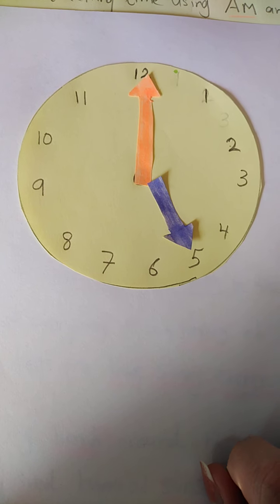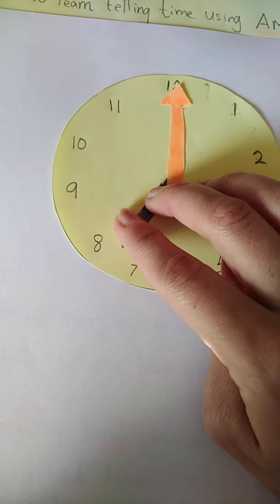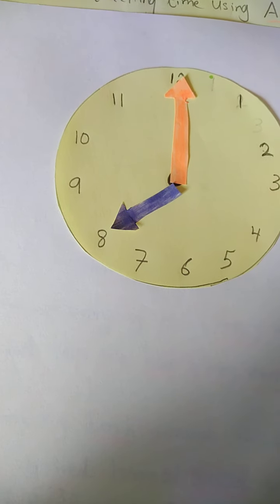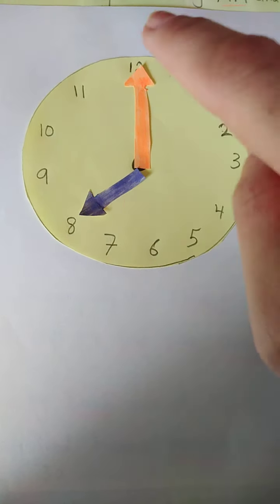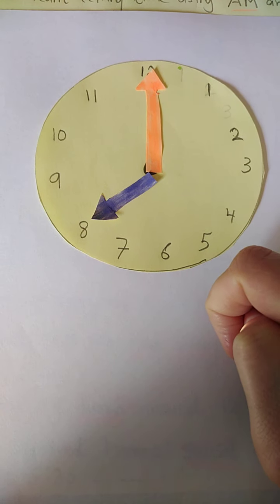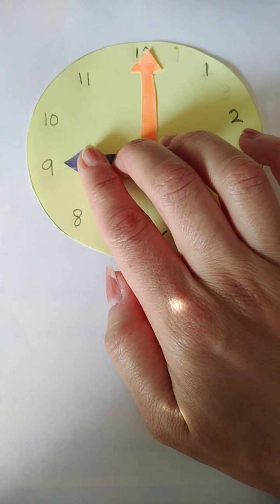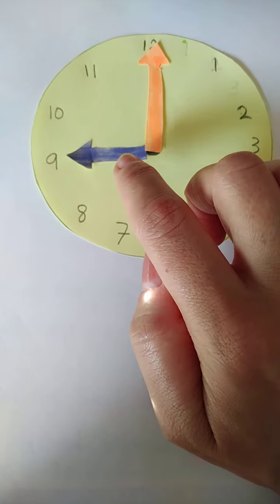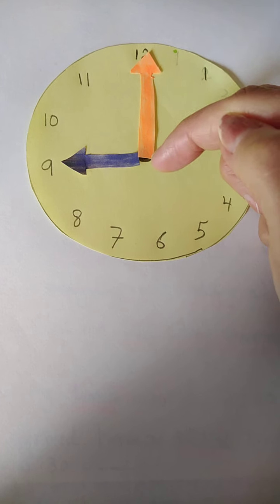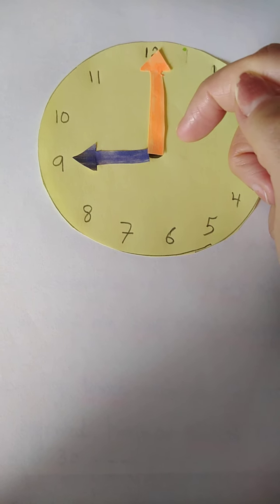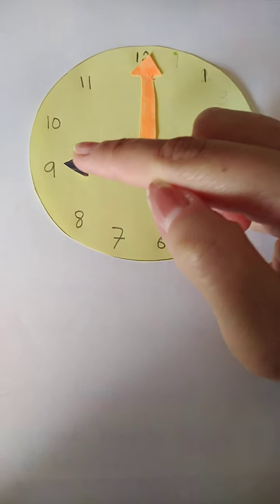Well, if I want to show 8 o'clock, I will move my shorter arm and put it on 8. 8 o'clock. 9 o'clock. Have you noticed this long arm stays on 12 whenever I say o'clock, whenever there are 0 minutes? 9 o'clock.